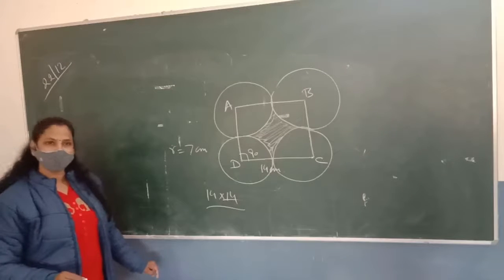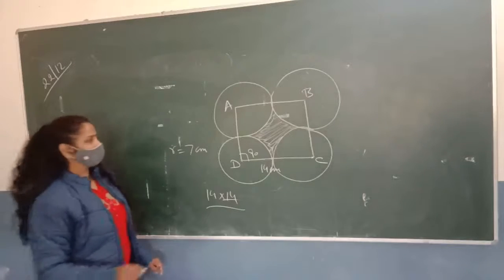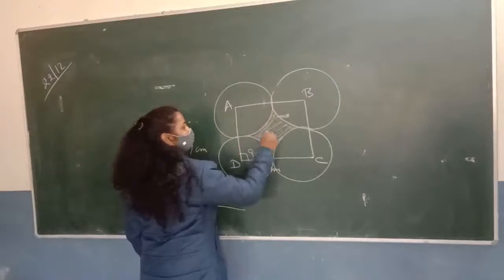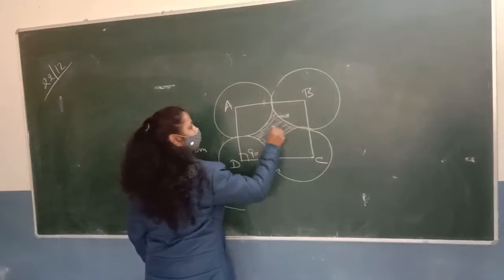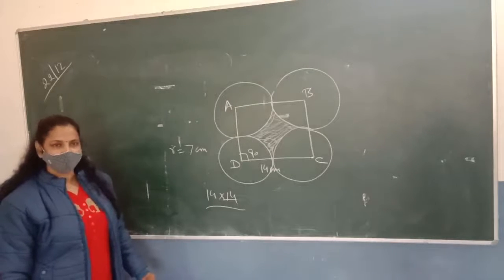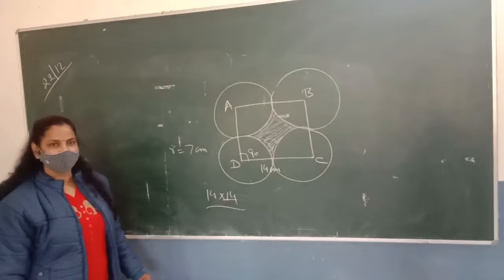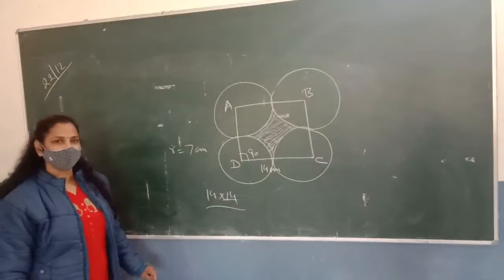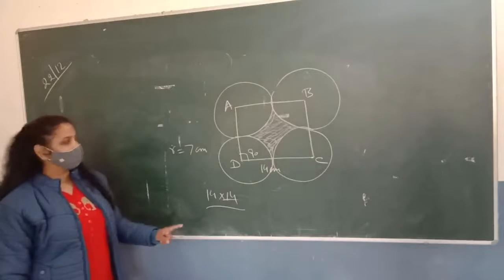Absolutely right. Continue ahead. You need only this shaded portion. What will you do? We subtract from the area of the square. Area of the square minus which portion do you have to subtract?